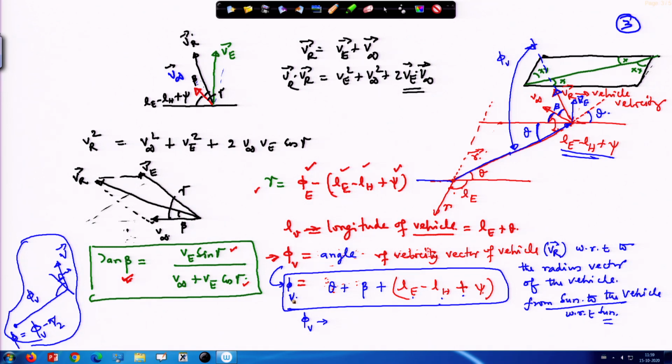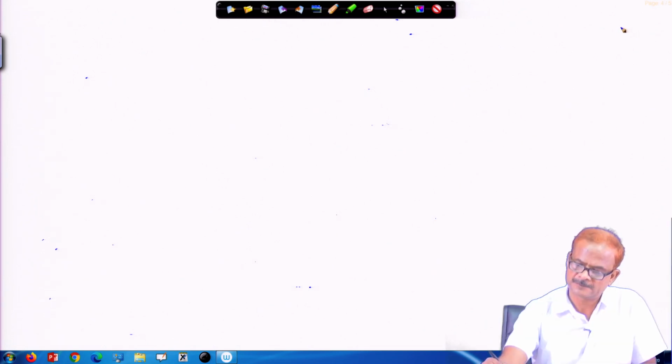Okay. So, this nomenclature I have changed, so that we do not confuse it with the actual longitude which is measured with respect to the vernal equinox.